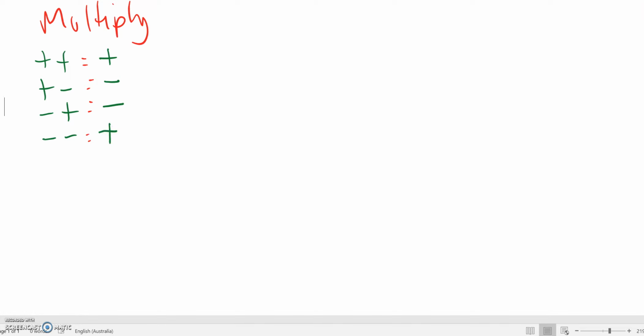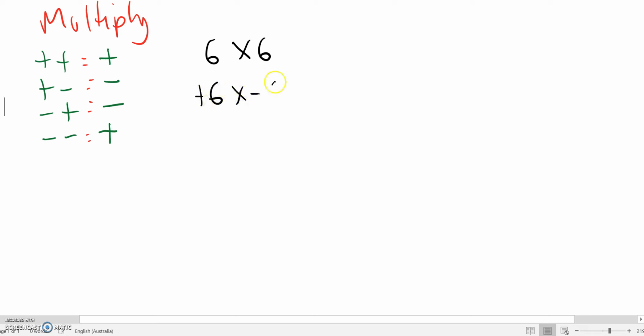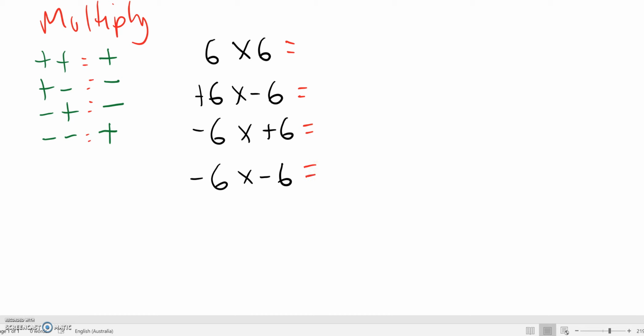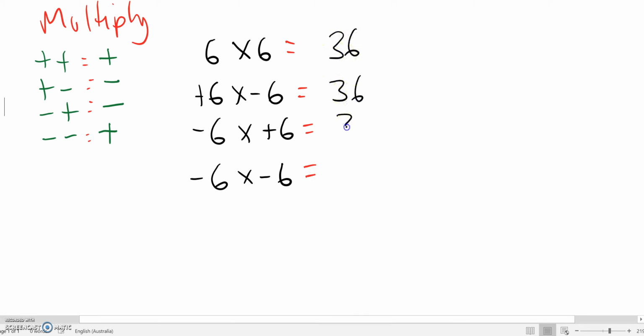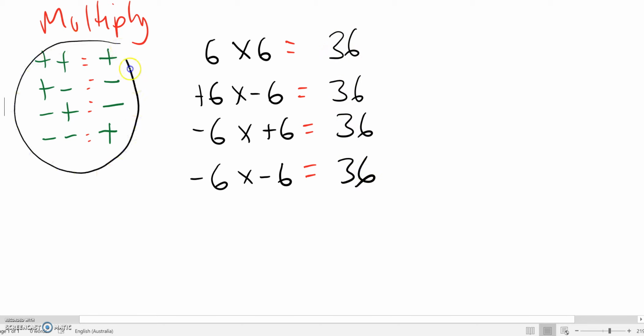So we can look at something along the lines of 6 times 6, they're both positive numbers, or positive 6 times negative 6, negative 6 times positive 6, negative 6 times negative 6. Like I said in class, let's ignore the signs for the time being. 6 times 6 is 36, and then we apply this here.